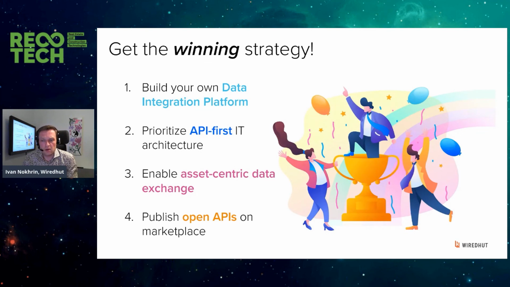But what's important in getting the winning strategy in order to achieve what I showed earlier is you need to set a goal. You need to set a goal to build this data integration platform first of all. You need to prioritize API first architecture. So you need to tell your IT guys that only accept new solutions that have an API strategy, and always ask this question. And somebody who doesn't have an API strategy, they're not the right fit for the future-proof business model.